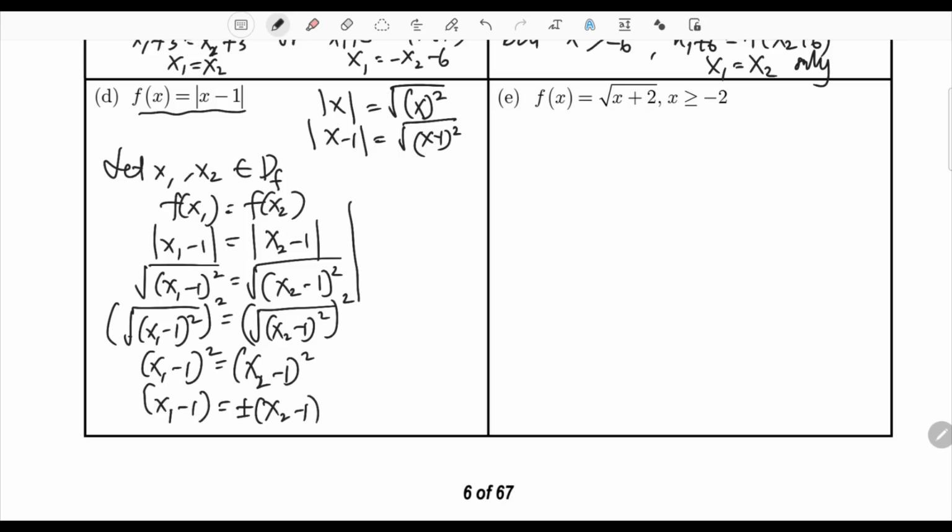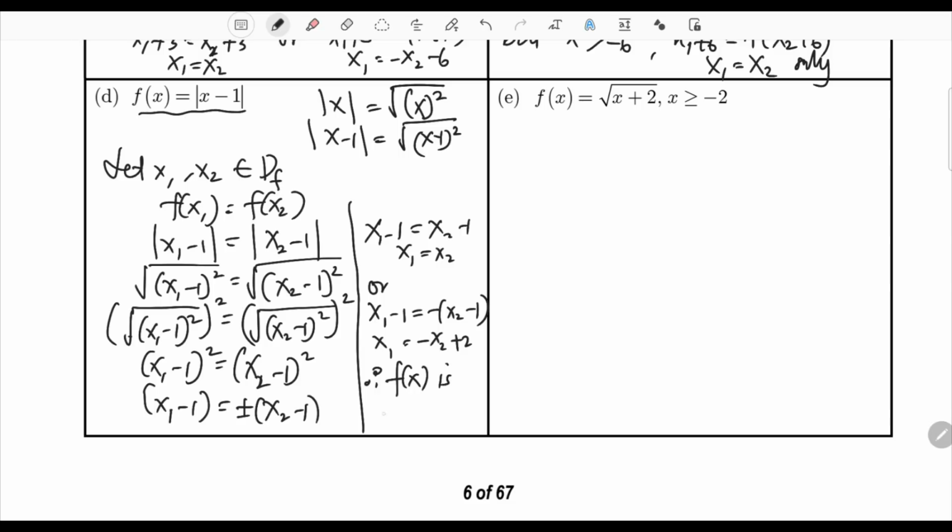Right, as just now. So meaning we have x1 minus 1 equal to x2 minus 1, so x1 equals x2, or x1 minus 1 equals negative of x2 minus 1. So we have x1 equal to negative of x2 plus 2. So hence f(x) here is not a one-to-one function.